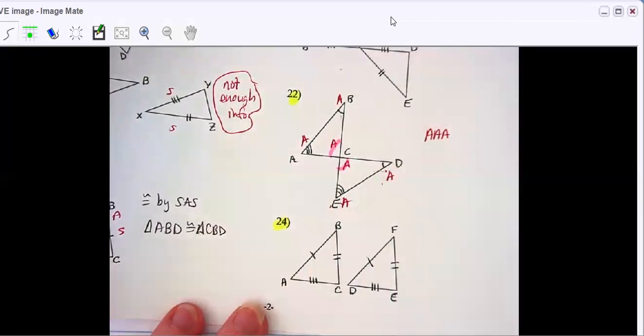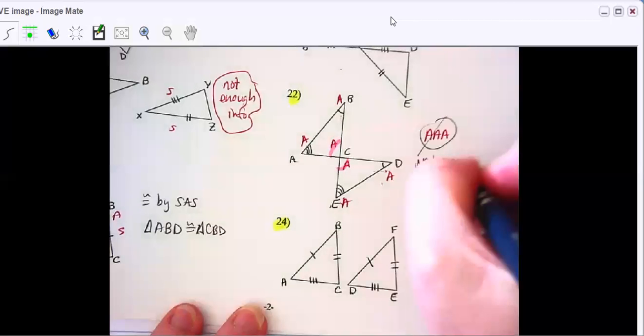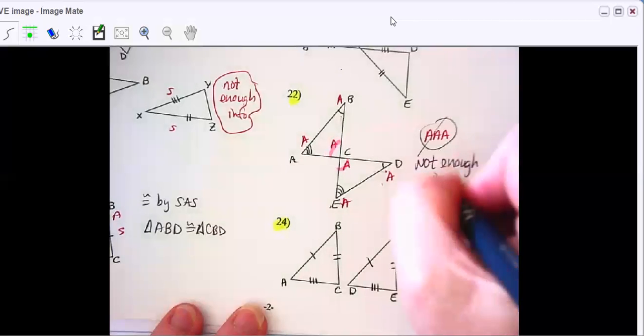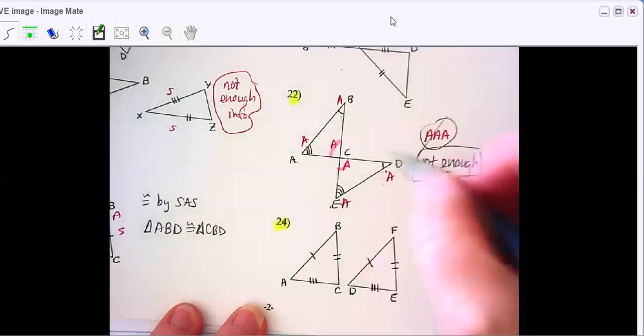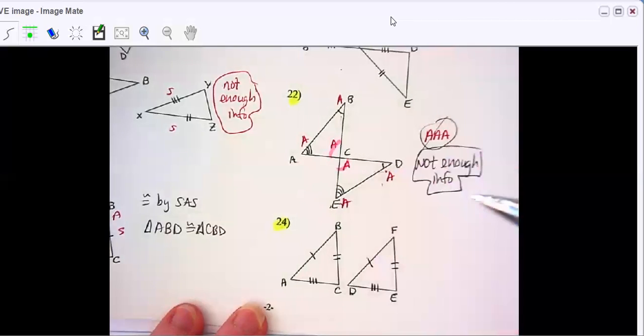It's actually called similarity. And that's not what we're proving. So this does not work. So this would be a no, or not enough information. Because if we knew that one of these sides were equal to its other corresponding side, then we could say it was congruent, but it's not.